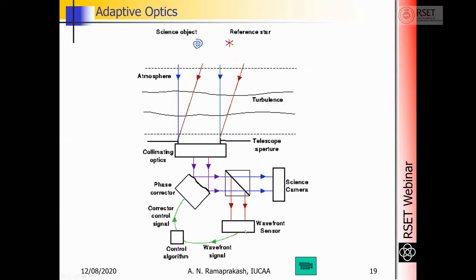And here there is a wavefront sensor which measures the instantaneous distortions in the wavefront introduced by the atmosphere and corrects that by changing the shape of this phase corrector. So the phase corrector's instantaneous shape is changed in a way that it exactly compensates for the wavefront distortion introduced by the atmosphere at that instant.